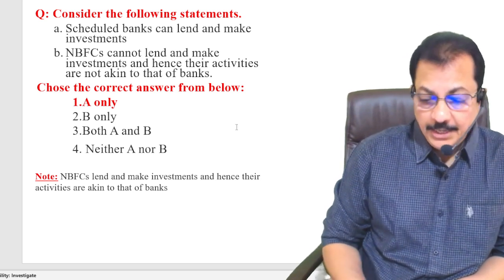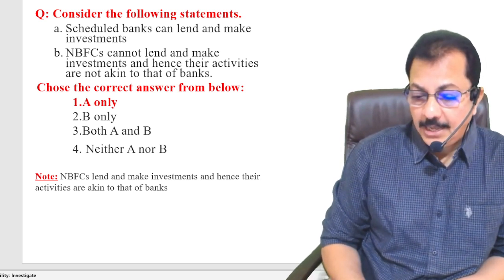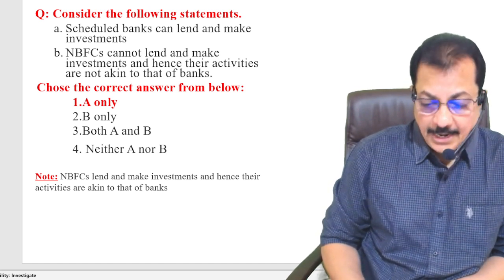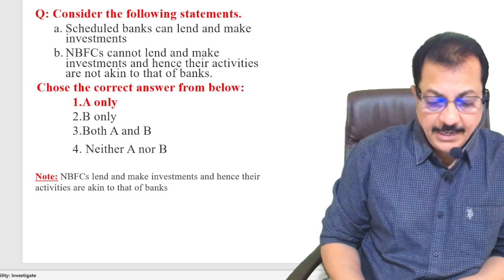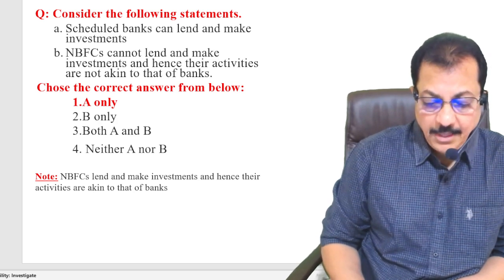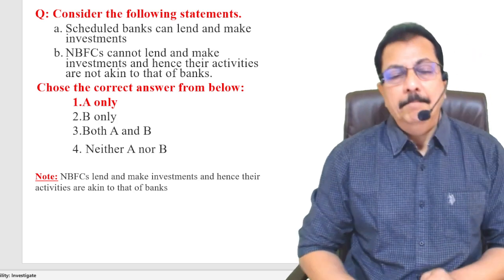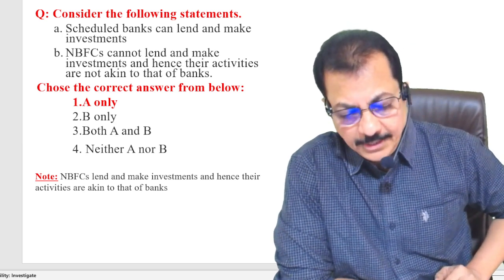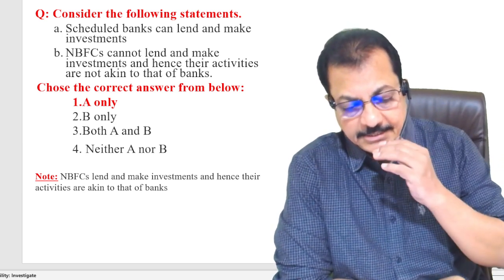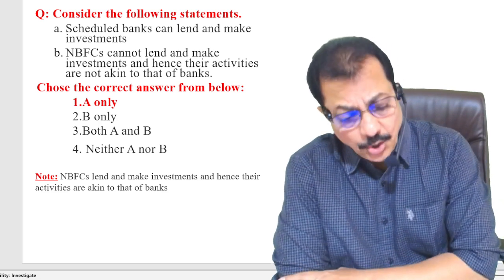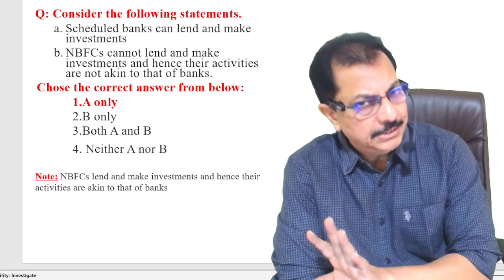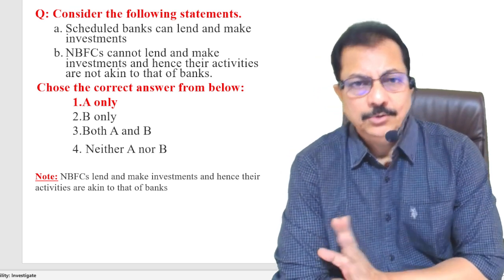A only. Because, as we have discussed, NBFCs can lend and make investments, and hence their activities are akin to that of the banks. Very important one. Clear? So that is the reason why statement B is wrong. Not akin to the banking system is wrong. They are akin to the banking system.